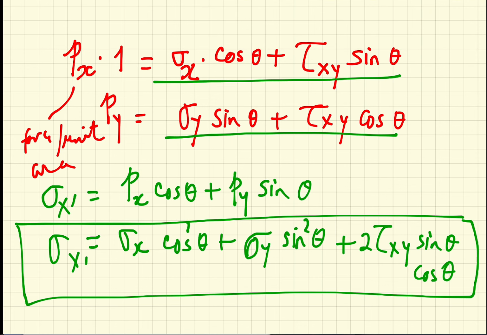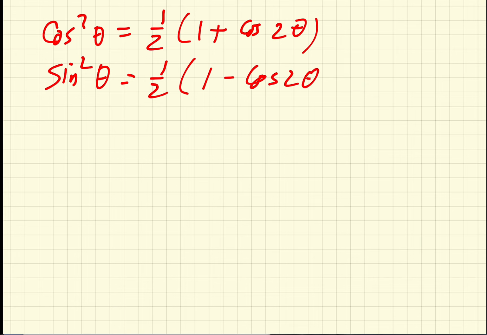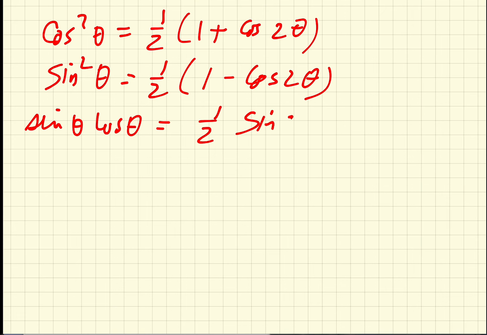Before we move on, I'm going to simplify it by using trig identities. I'm going to use the identities that cosine square theta is equal to 1/2 times 1 plus cosine 2 theta, sine square theta is equal to 1/2 times 1 minus cosine 2 theta, and sine theta cosine theta is 1/2 sine 2 theta.